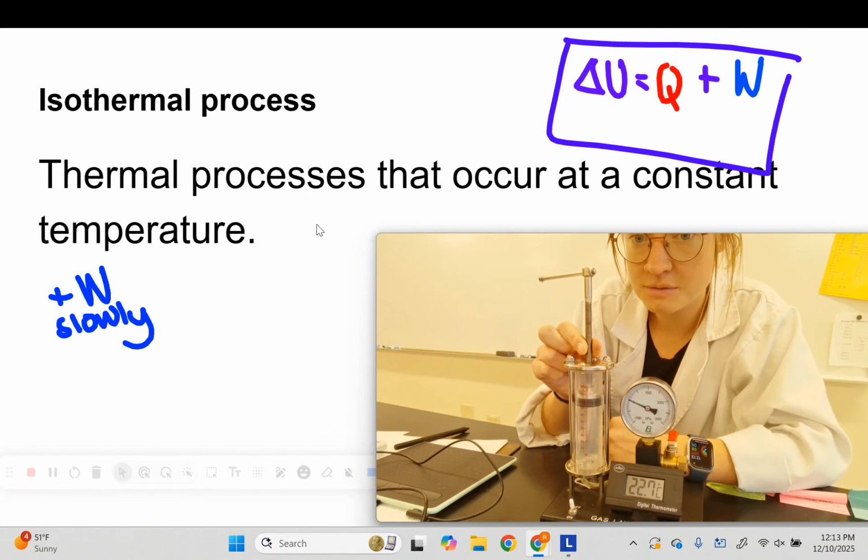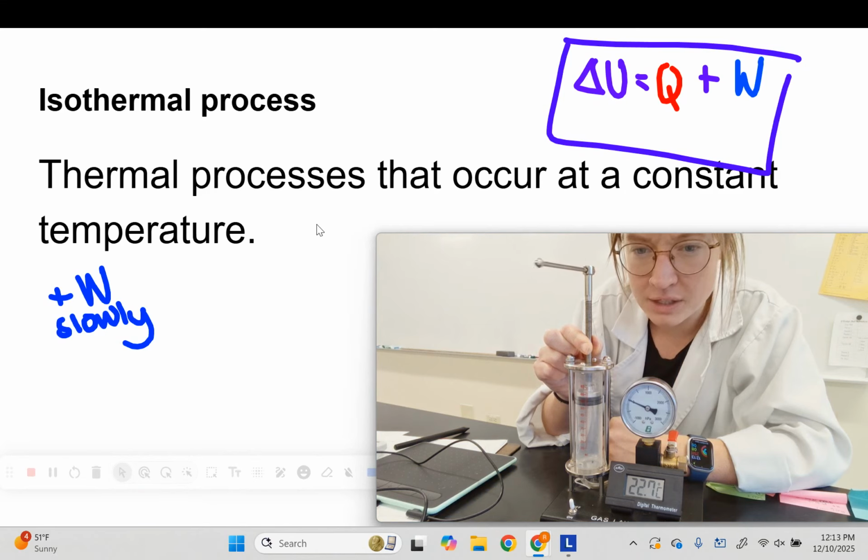Oh, color change. Love a good color change. As I turn this slowly, notice what's happening to the temperature? Staying the same. It's still at 22.7 degrees Celsius.